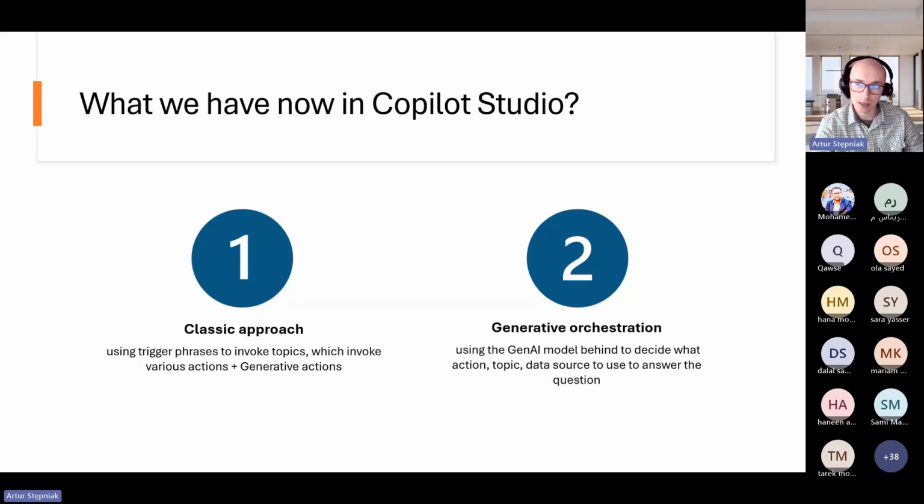The difference between the classic and the generative orchestration approach is that in the second option, the generative AI model is, so to say, supervising the whole conversation. So we are not using, in fact, the NLP modules. We are avoiding them.